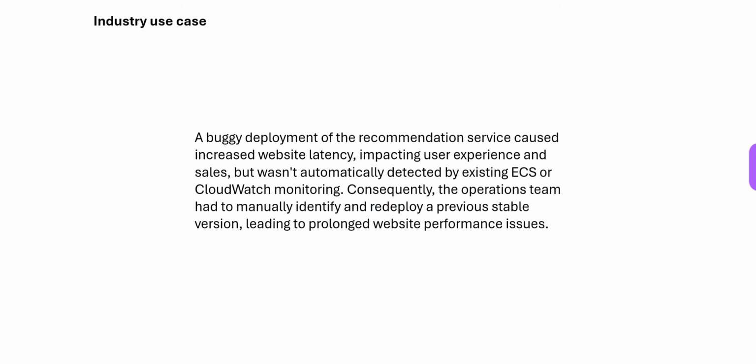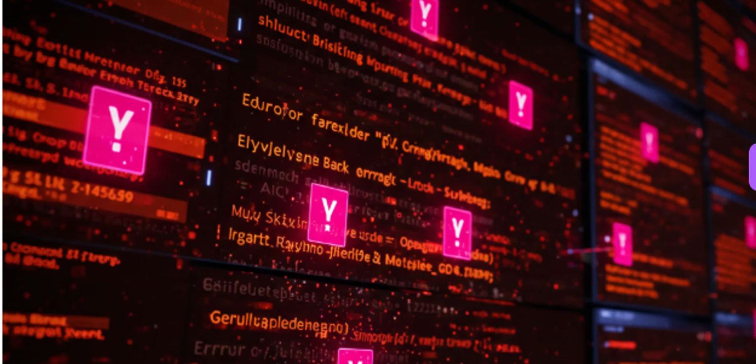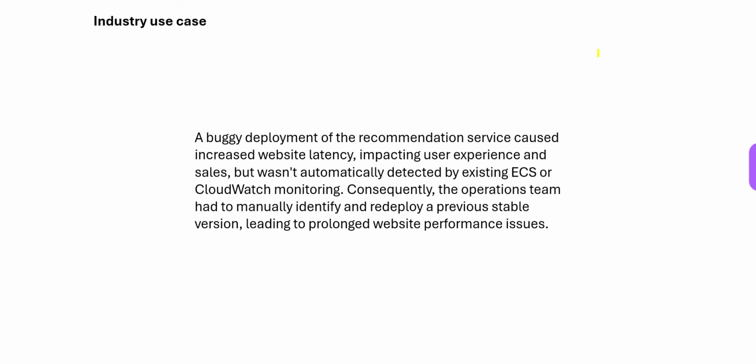How does it apply to our industry? Suppose there is a deployment with lots of errors. Then it is called a buggy deployment. It has lots of bugs. So if this automation is not available at your disposal, you will have to do a lot of stuff manually.